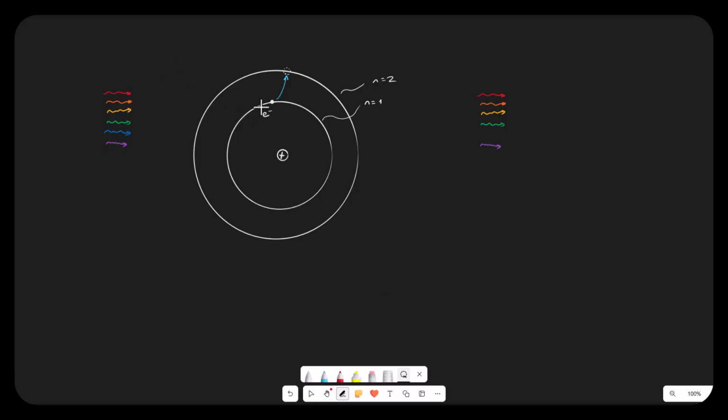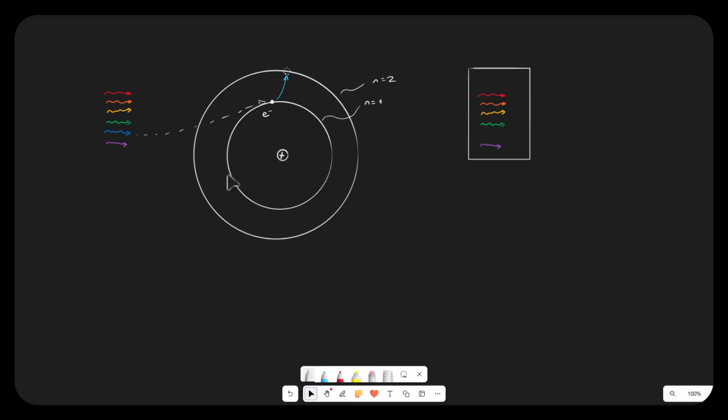The electron said, give me that blue, I can use that. It absorbed that, and so I'm left with not all of the light coming in anymore. And that made this make sense.